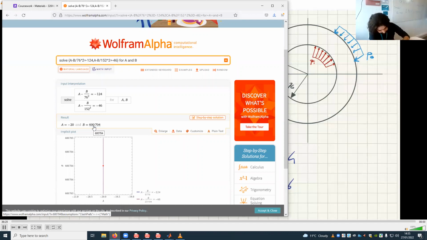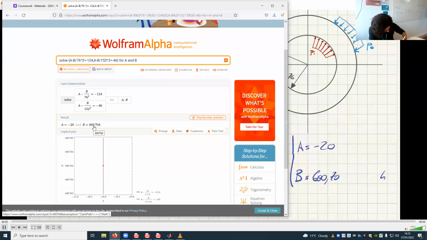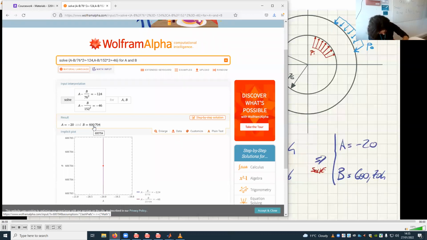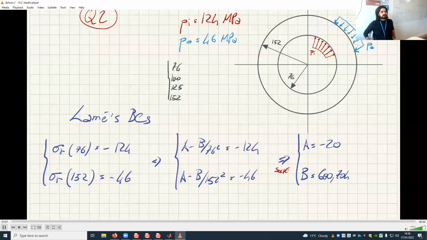So if I solve this, I get A minus 20 and B 600,704. As you can see, it's very easy to find A and B just by using boundary conditions.